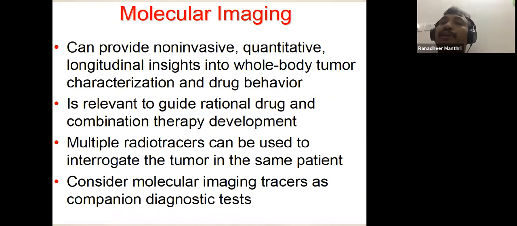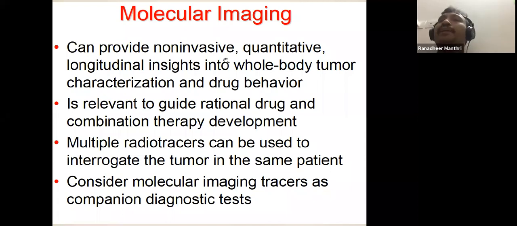Multiple radiotracers can be used to interrogate the tumor in the same patient. Suppose neuroendocrine tumor, you will all know FDG as well as somatostatin receptor. For gliomas especially, we use FDG and F18 DOPA. We consider molecular imaging tracers as companion diagnostic tests. That's why if you have a low-grade glioma, it will not be FDG avid, whereas it will be F-DOPA avid.